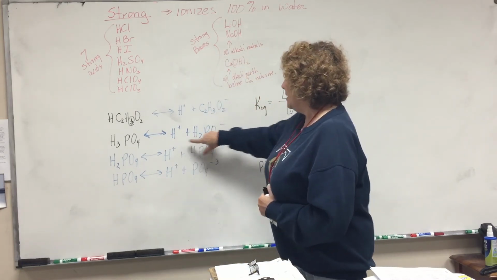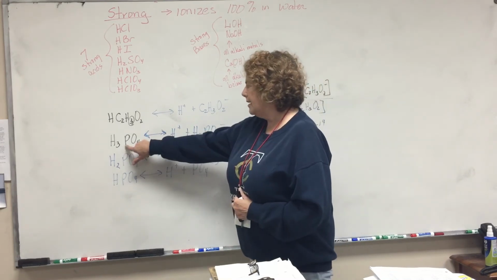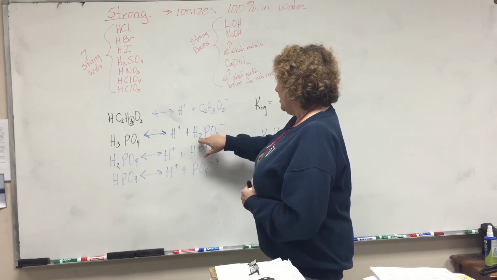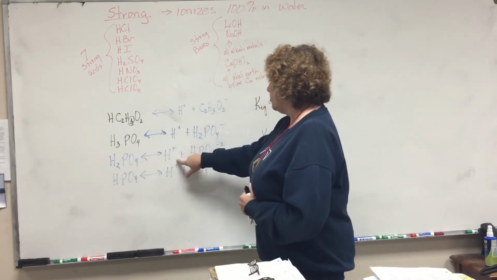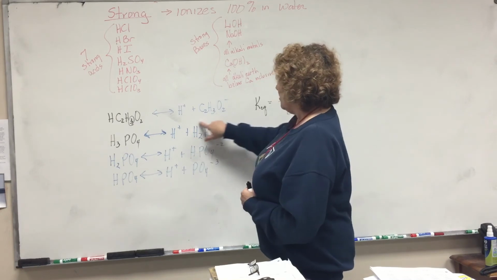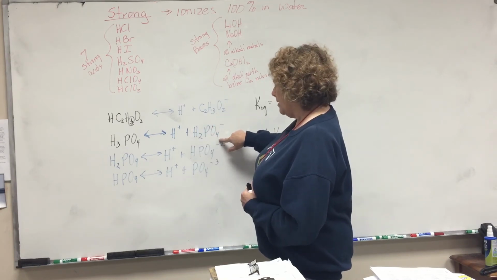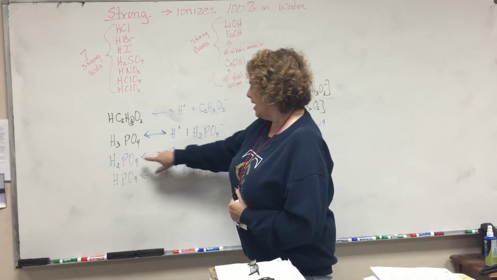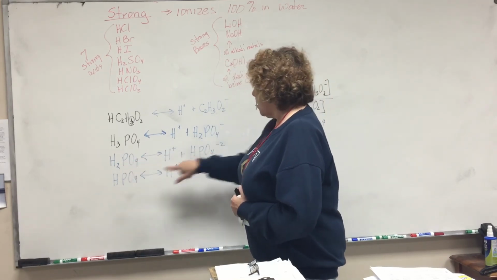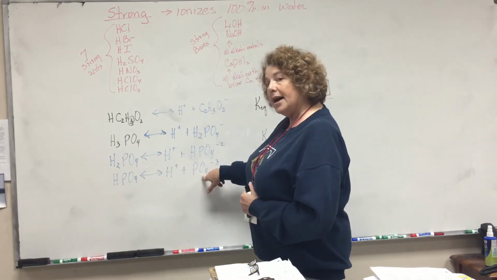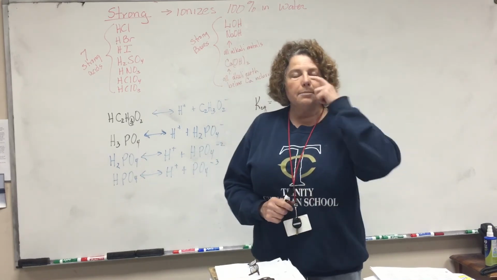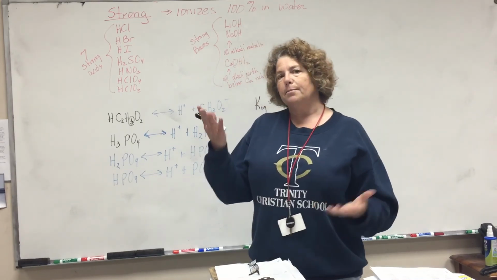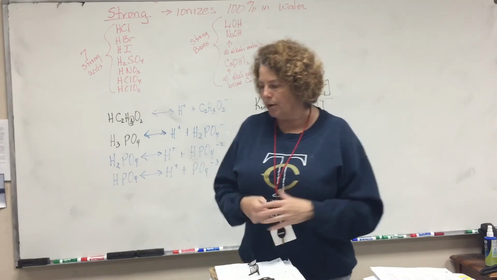This going this way can accept a proton, and this going this way can donate a proton. And this here can donate the proton. So this ion right here would be amphiprotic, as well as this one. This one can accept the proton and become that, or it can donate a proton and become that. So something that's amphiprotic can both accept and donate a proton, just like somebody that's ambidextrous can use both hands.